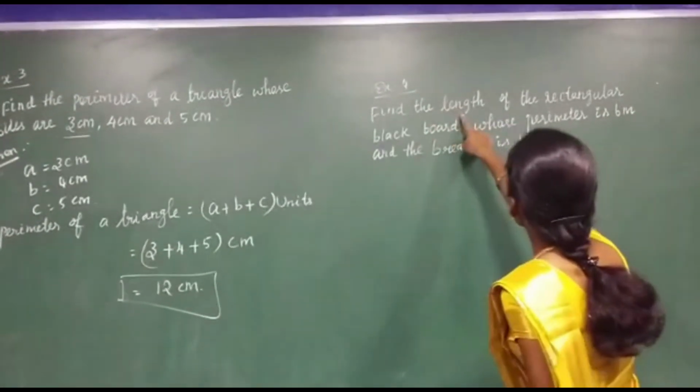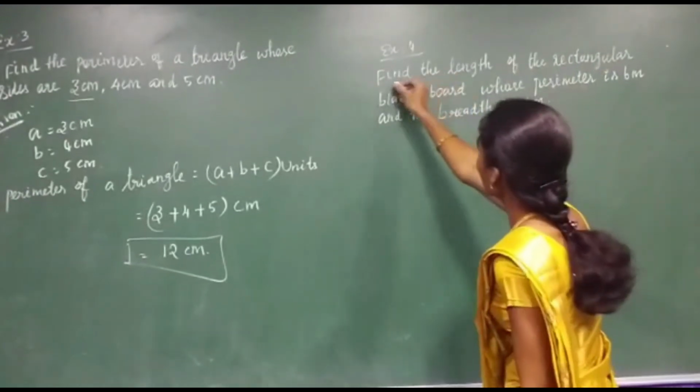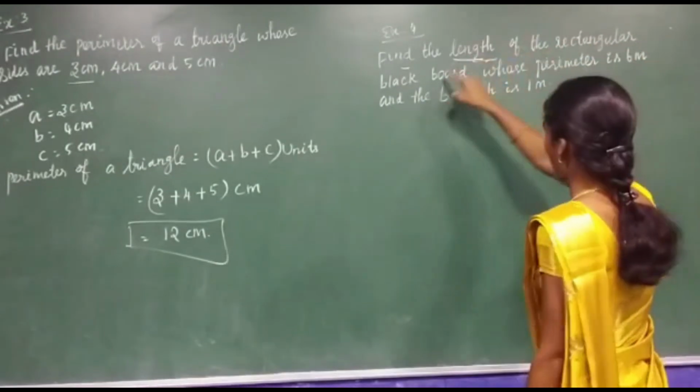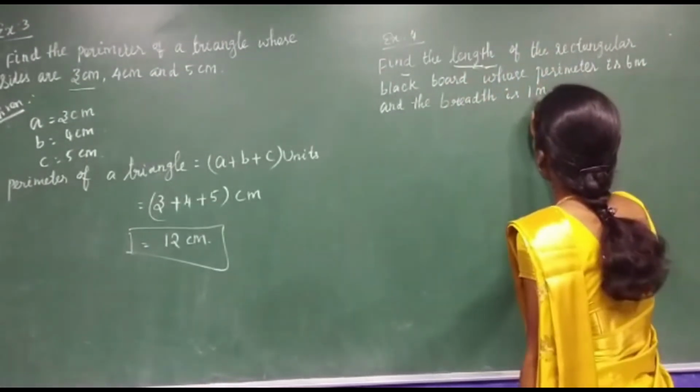Find the length of the rectangular blackboard. We want to calculate the length. The length of the rectangular blackboard whose perimeter is 6 meter and the breadth is 1 meter.